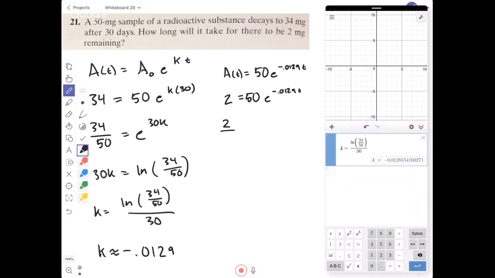So 2/50ths equals e to the negative 0.0129 t.